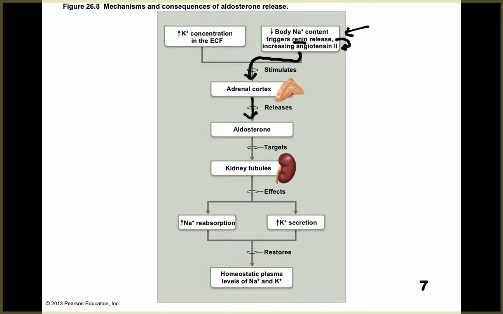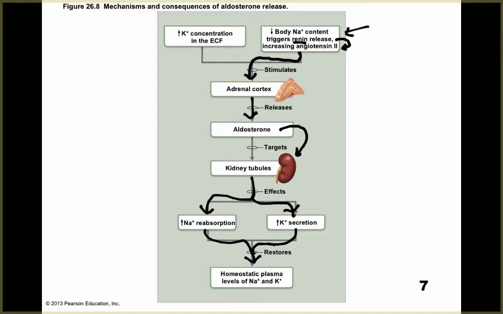aldosterone. Now aldosterone is going to come here and target the kidney tubules, and from there it's going to help to increase sodium reabsorption, and then basically it has potassium being secreted. And then at this point, these guys work together to help restore this imbalance.